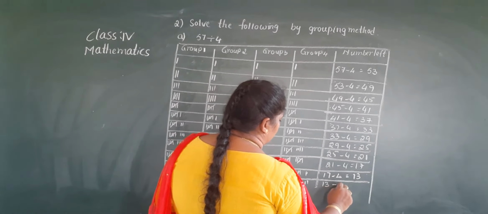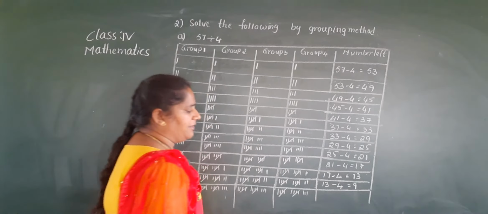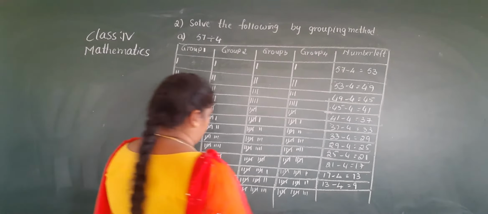Now again distribute. Already 12 is there. Now add one more. So how many left? 9 left. Again 1 distributed, it becomes 9 minus 4 is 5. Okay? 9 minus 4 is 5.